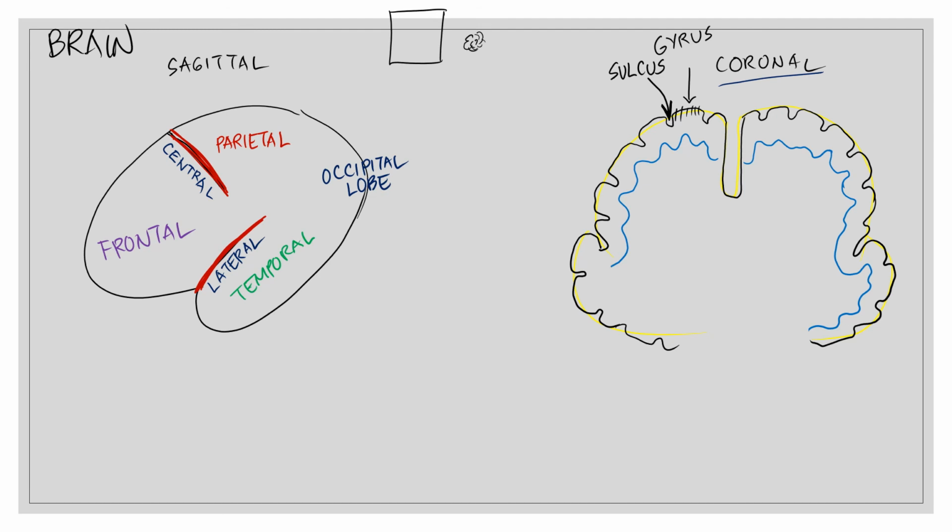There's an outer darker layer and an inner whiter layer, and perhaps a few scattered islands of darker matter. Now, this outer matter here, that is called your gray matter. And the inner one, this lighter one, is called your white matter.